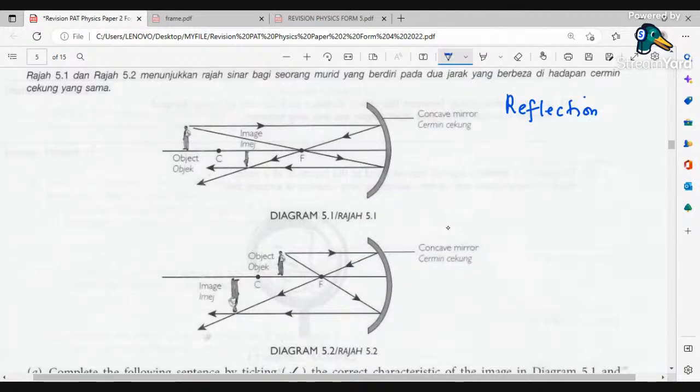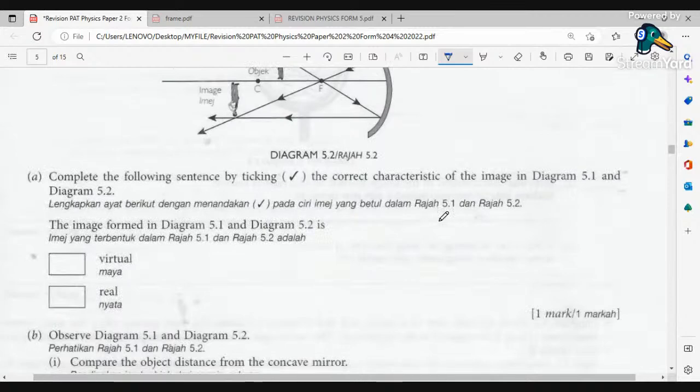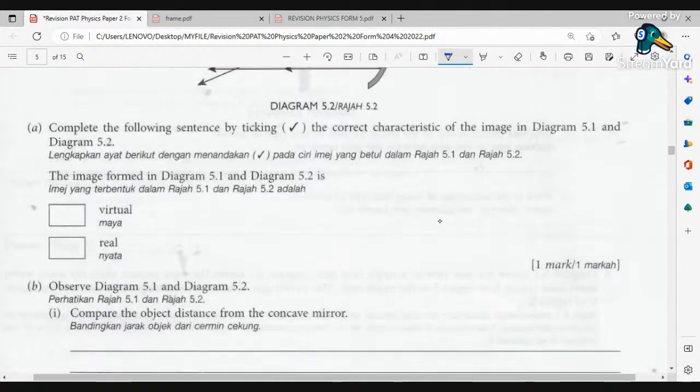If there is object form on the screen, meaning real image. So this is real. The image form is real, bukan kecut. Okay, jangan confuse dengan lens. Okay, lens apply concept of refraction.